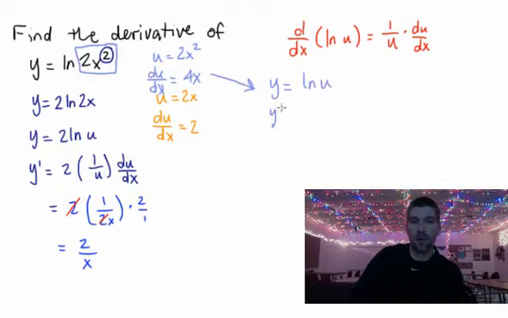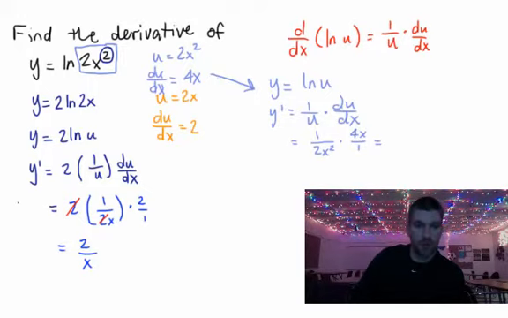So y prime equals 1 over u times du/dx. When I substitute in, my 1 over u becomes 1 over 2x squared, and my du/dx becomes 4x over 1.